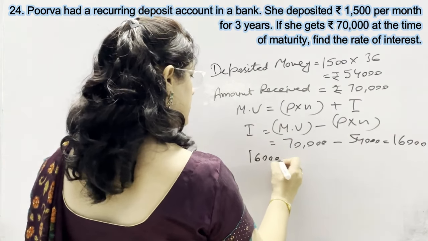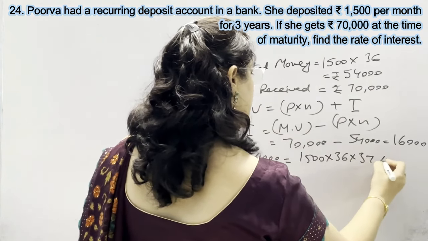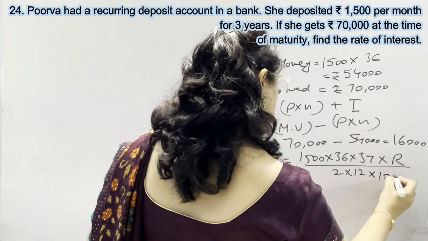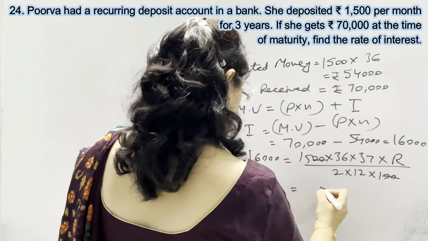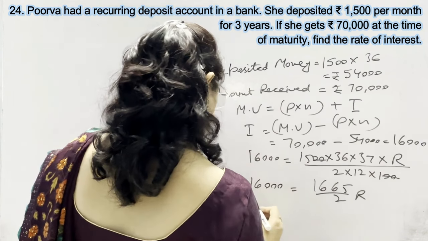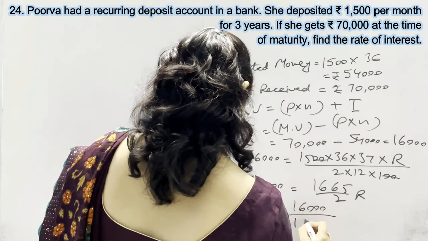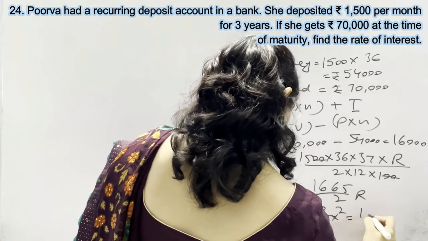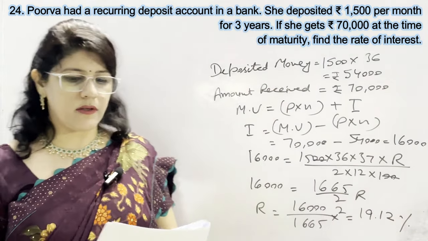It means 16,000 interest I is equal to P into N plus 1, and rate we need to calculate, divided by 2 into 12 into 100. For the calculation of value of R, we need to simplify, and simplified value is 1665 upon 2R, and it is equal to 16,000. So value of R is equal to 16,000 divided by 1665 multiplied by 2. It means 19.12%, or you can say approximately 19% is the rate.